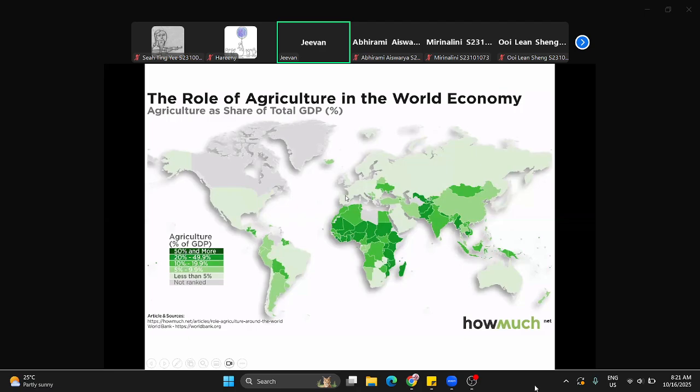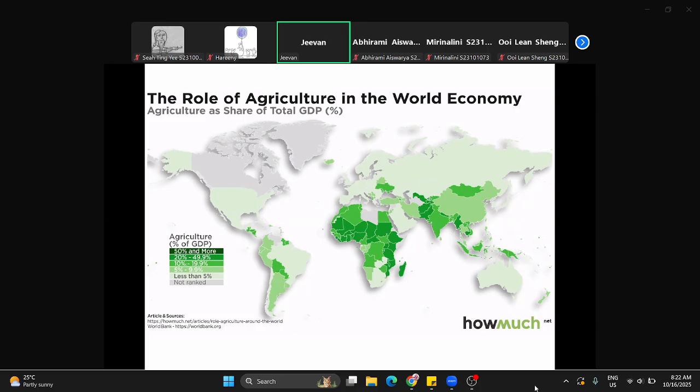Crop biotechnology mainly relates to agriculture. Agriculture is one of the most important sectors in the world, primarily because it supplies us with food and other materials for our life. So it is one of the main important economic sectors as well.